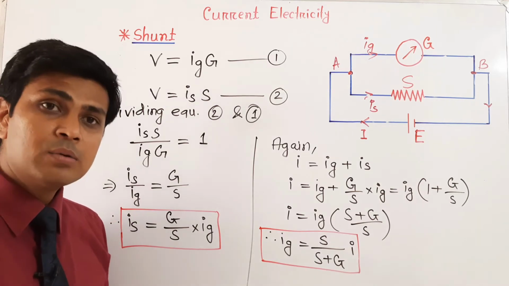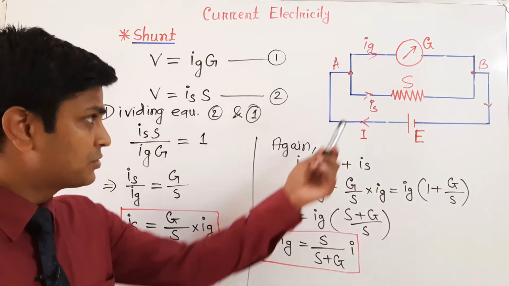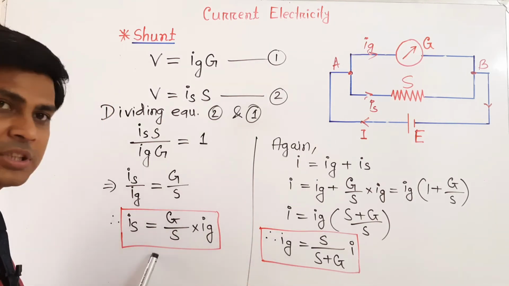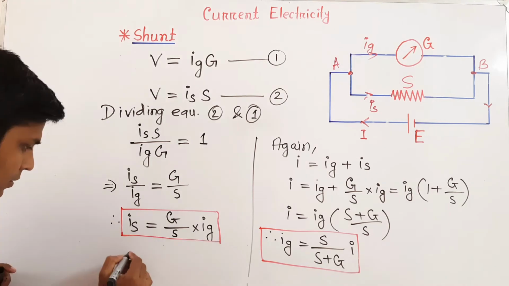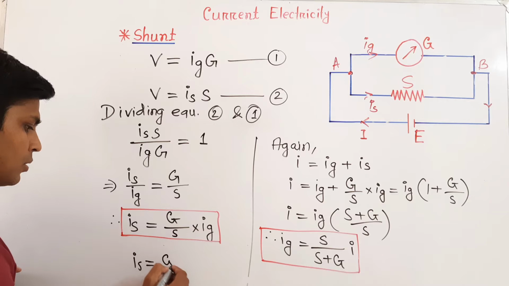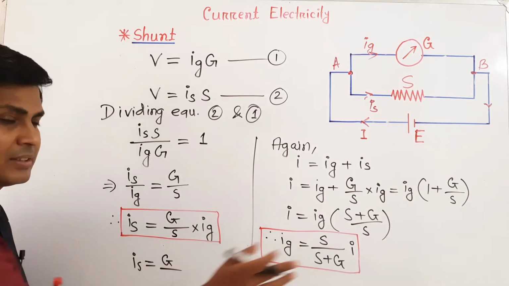Again, if you want to calculate the current which is passing through the shunt, then we just put the value of Ig in this equation. Then we can write the value Is equals to G, and this S will be cancelled.